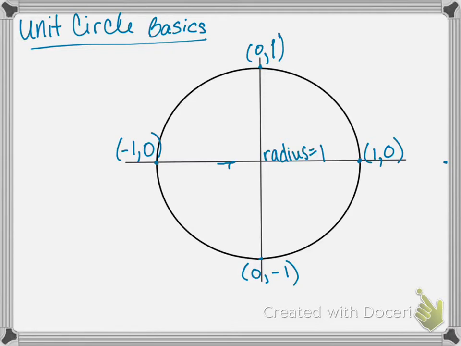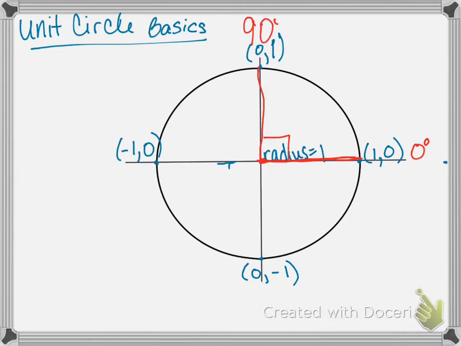Okay, so once we have those points, the next thing I want to talk about is the basic angles. When I'm talking about angles, that would be like if I had one line for my angle, and then I'm going to have a second line right on top. So this angle right here would be at 0 degrees. My next angle, this is my first leg of the angle, this is my second side. This is a 90-degree angle.